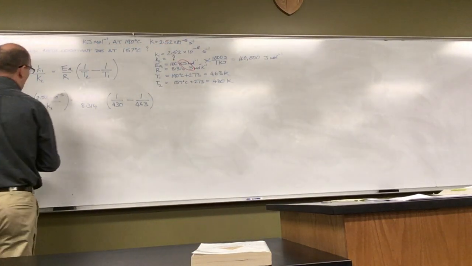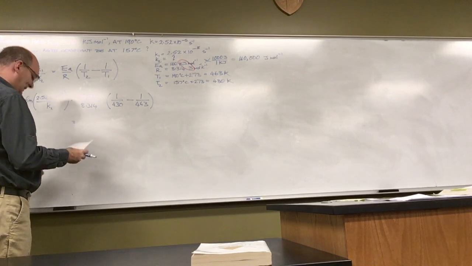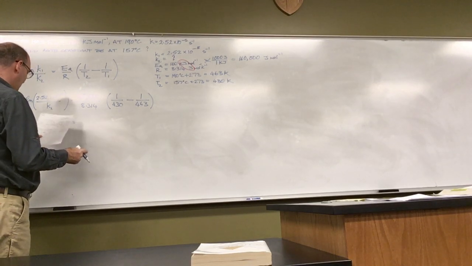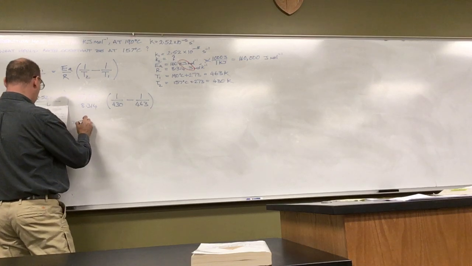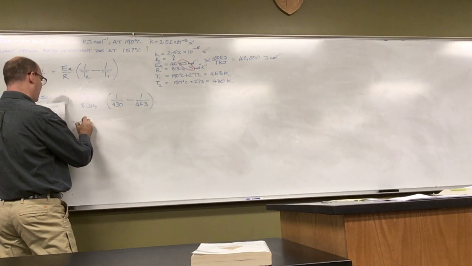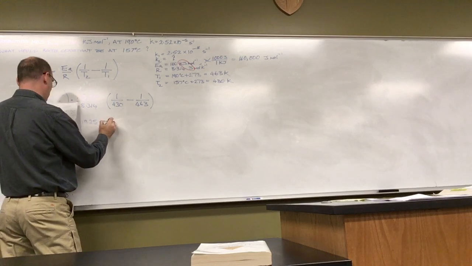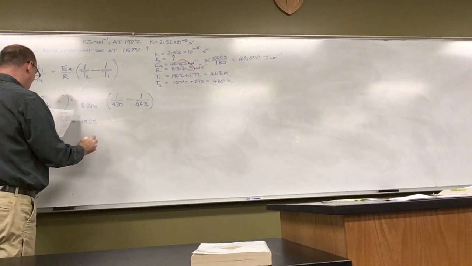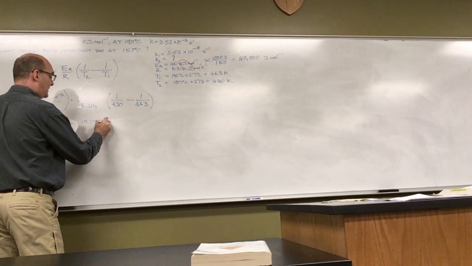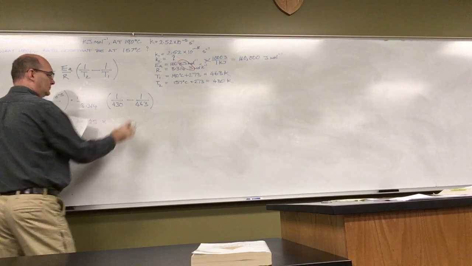So we're going to do it the long way. 160,000 divided by 8.3 turns out to be 1,925. And then I'm going to multiply that by this number.